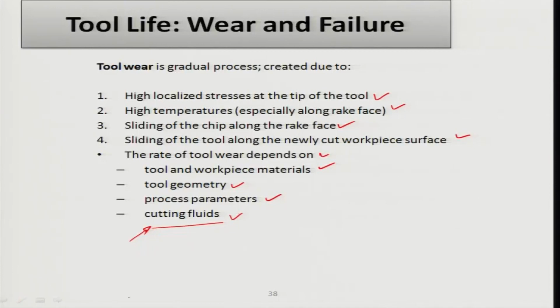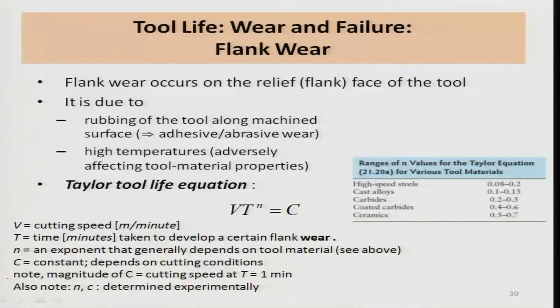There is an empirical relationship given by Taylor which tells about the relationship between the tool life and the cutting speed in meters per minute, and this is better known as Taylor's tool life equation.